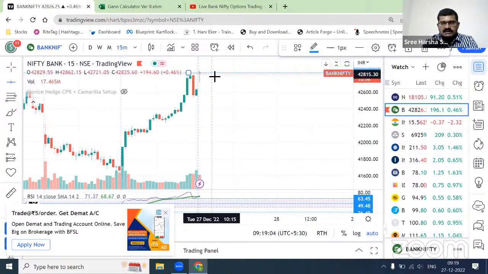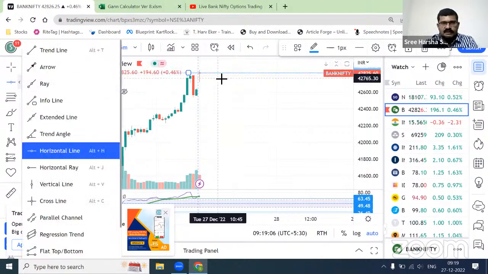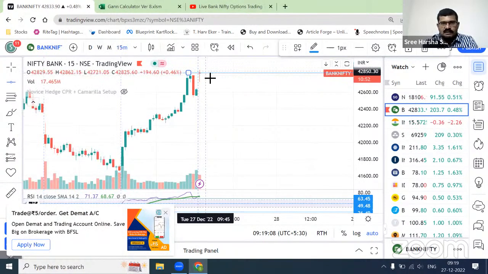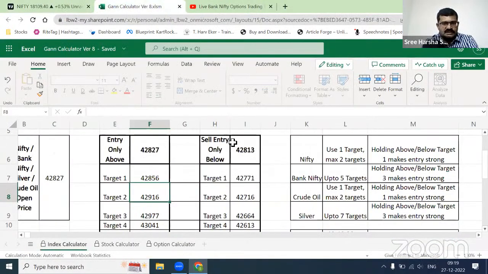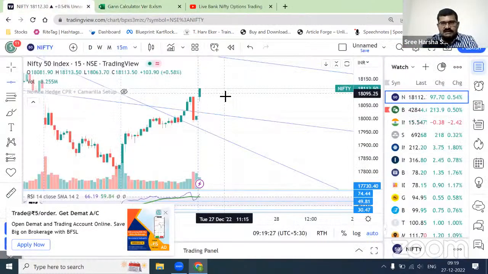Somewhere here, a little bit below that is the buy. And for the Nifty, 18,089, 18,073, 18,000.